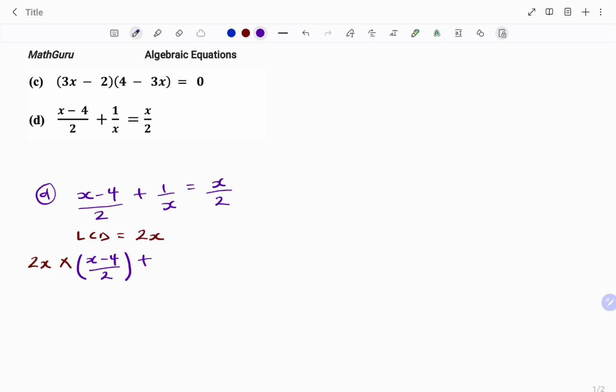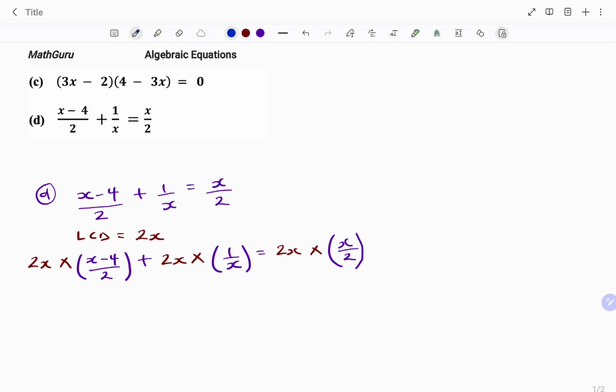So I have plus 2x times the next term, that's 1 over x, and whatever you do on your left, you do on your right. So I have that as 2x times x over 2. That way, I'm going to turn my fraction into a linear equation.